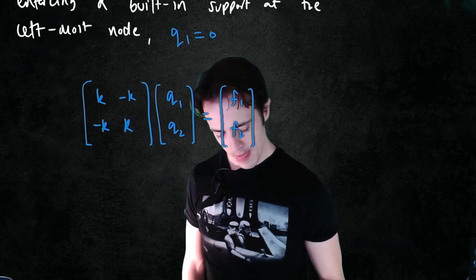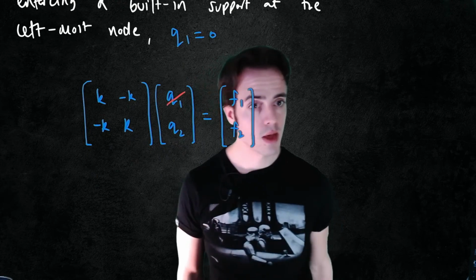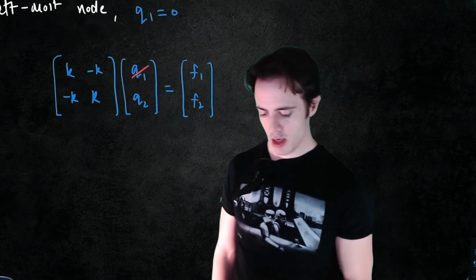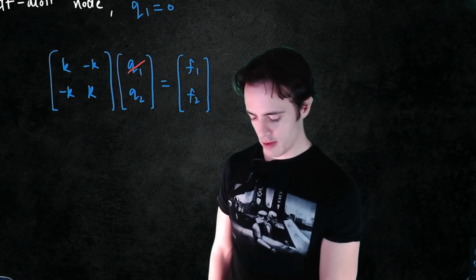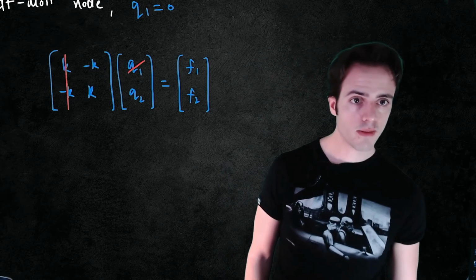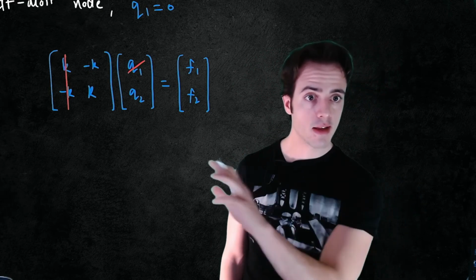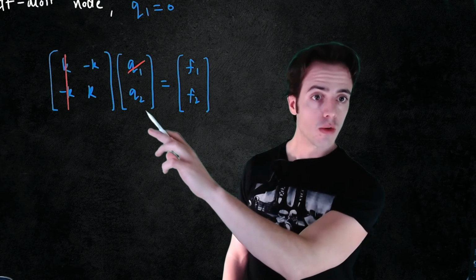We've now said this one's equal to 0, which means that actually we can get rid of this whole column in the matrix. We can very easily solve now for Q2.